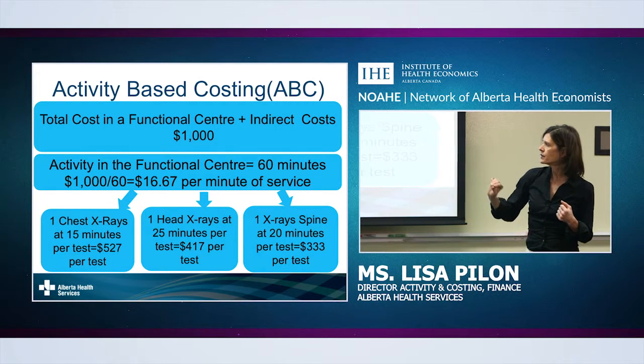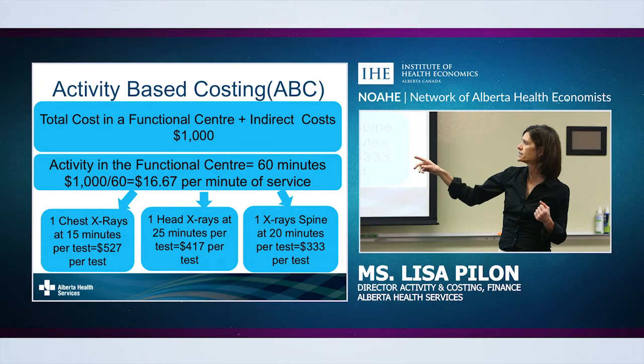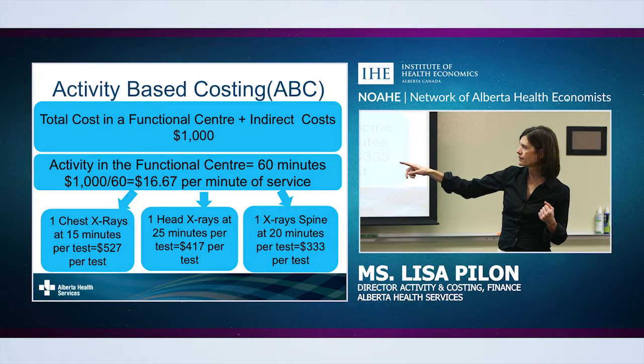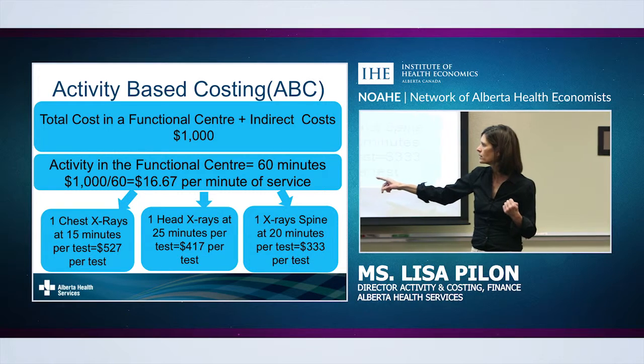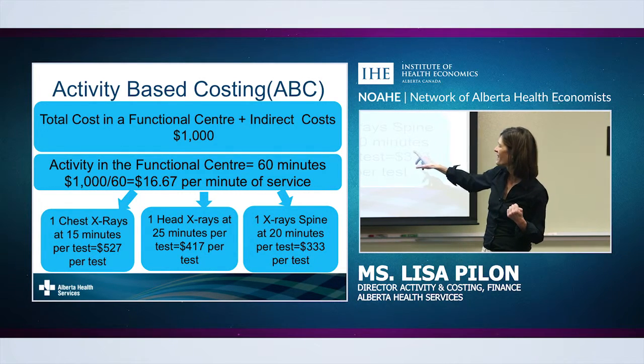So instead of giving everyone $100 a test, you're giving them the costs based on the amount of minutes it takes to do it. So you're going to get $527 a test because it took 15 minutes. You're getting, oh, I've got this backwards.